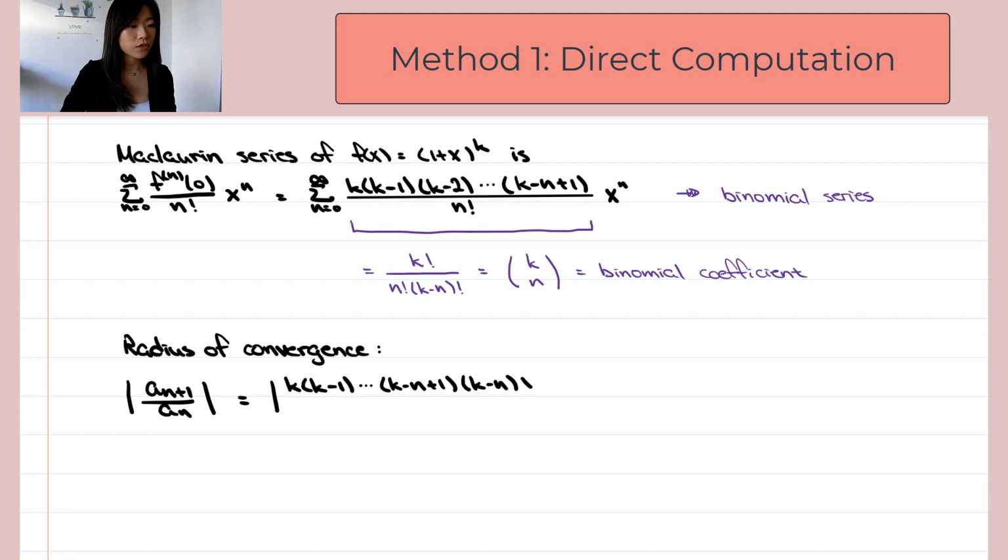Then we have x to the power of n plus 1, then divide this by (n plus 1) factorial, then multiplied by 1 over a_n.